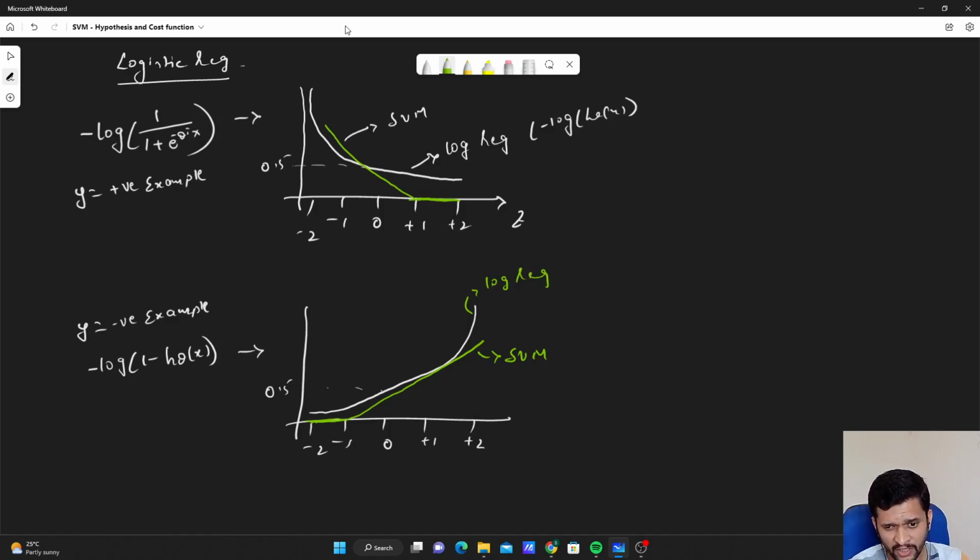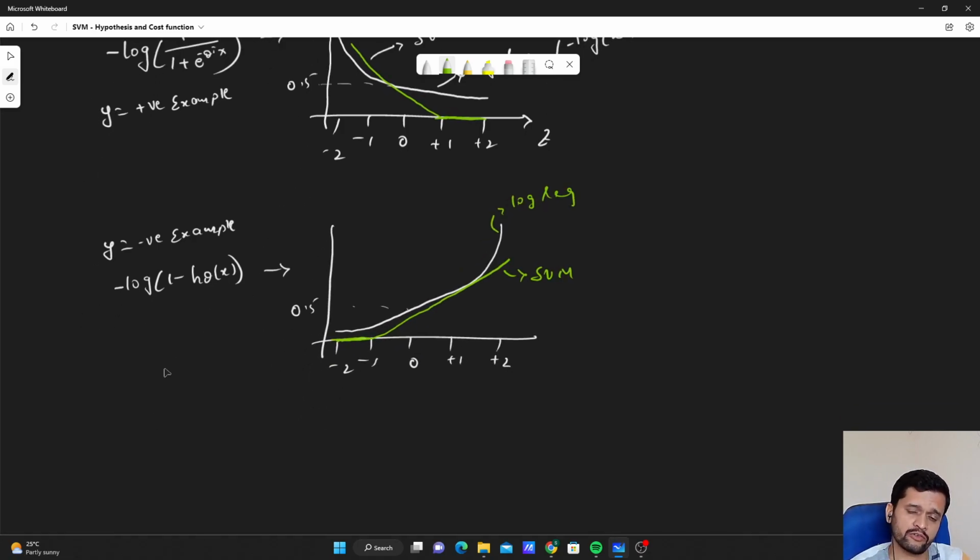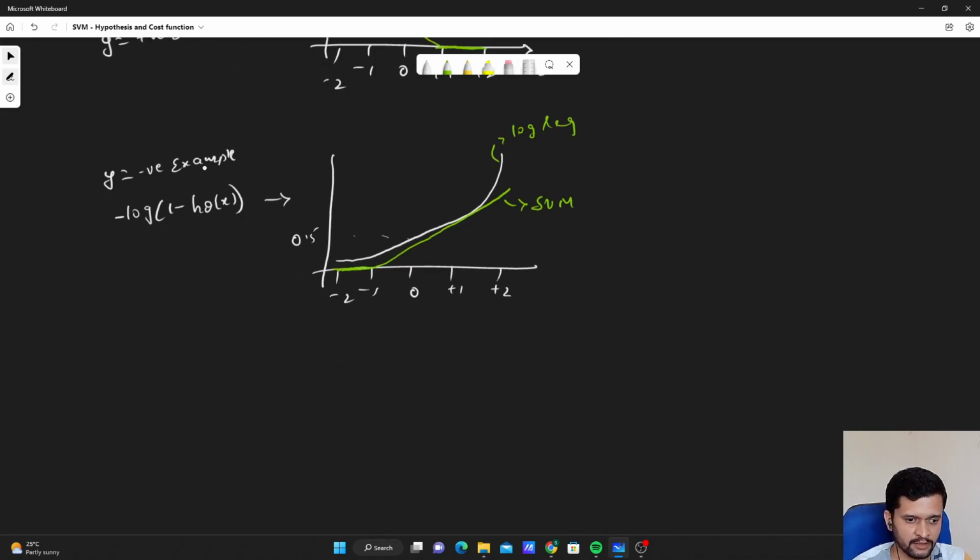Okay, now this particular cost function that we have seen with respect to SVM is also called hinge loss.